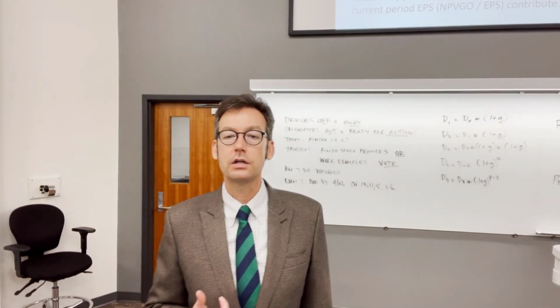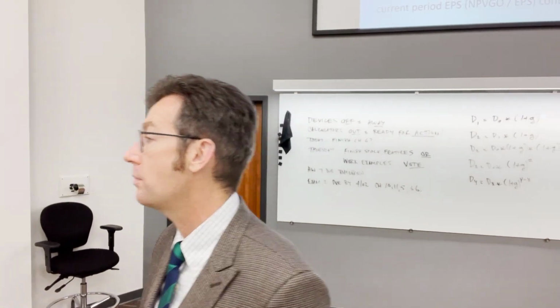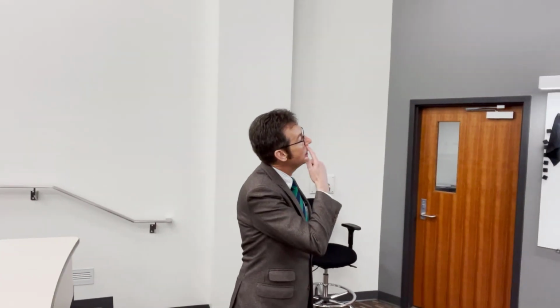The second part talks about how big our growth opportunities are compared to our current business. Remember that EPS is our current amount of earnings, and the NPVGO is the net present value per share of our positive NPV projects. So basically that second thing represents growth.